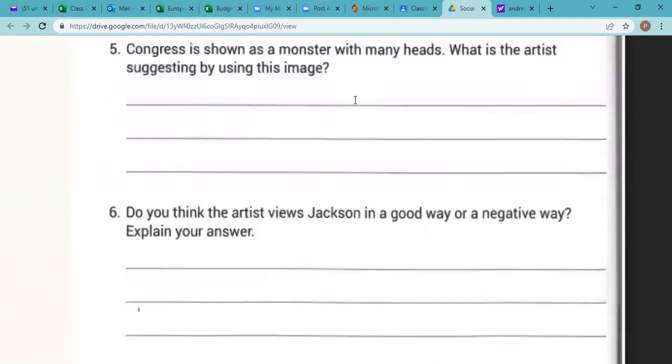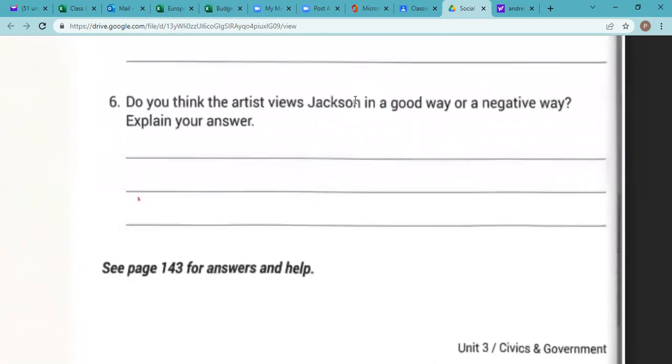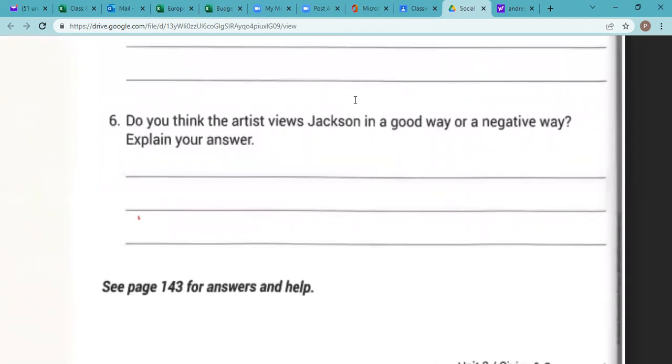All right. So after you answer that question, number 6, do you think the artist views Jackson in a good way or a negative way? And you need to explain your answer. So go ahead and hit pause and write down your answer.